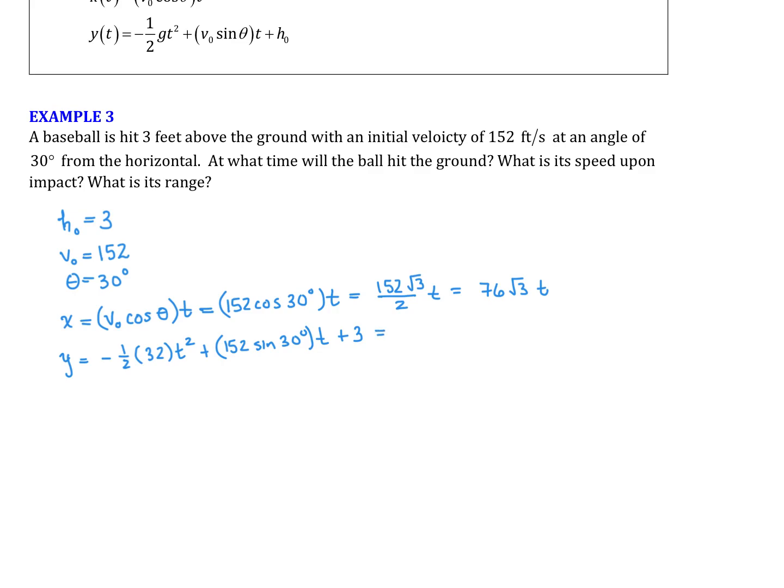So this gives us negative 16 t squared plus 76 t plus 3. So just to summarize succinctly, x equals 76 root 3 t. y equals negative 16 t squared plus 76 t plus 3.